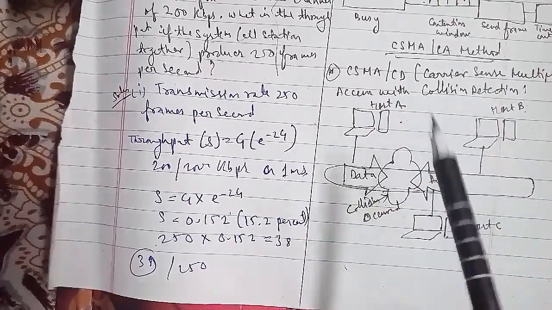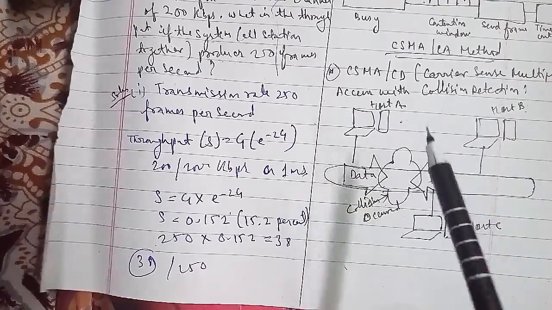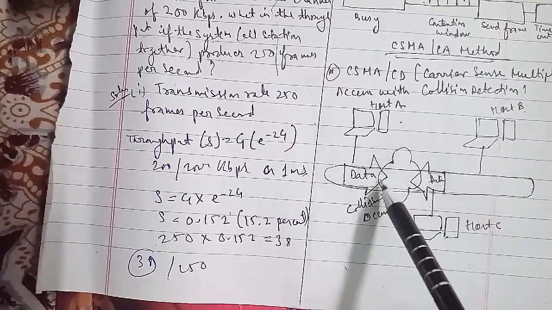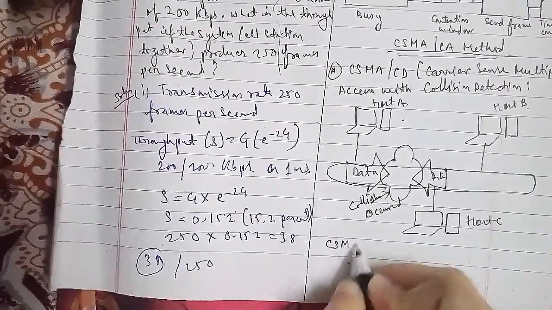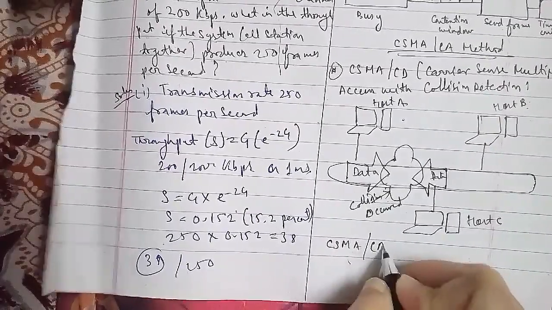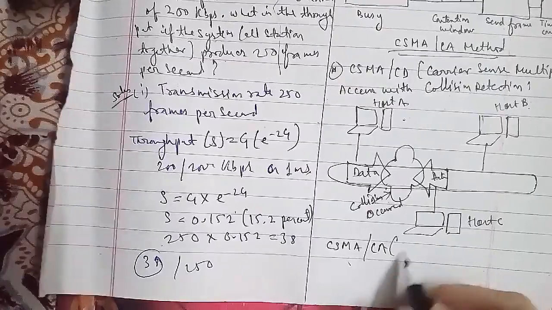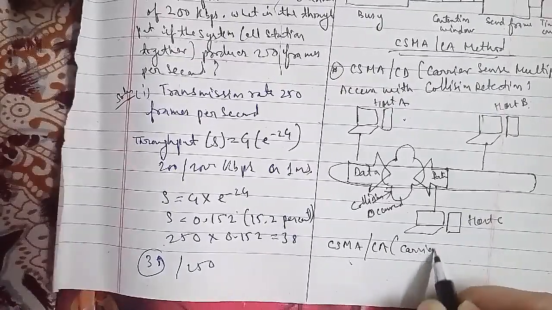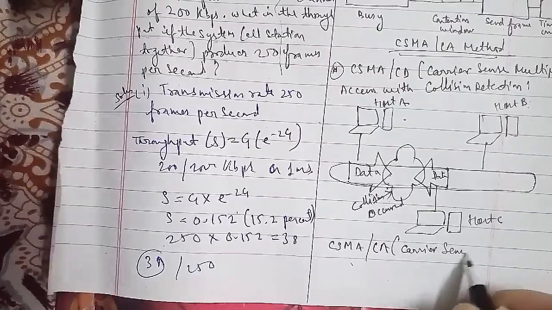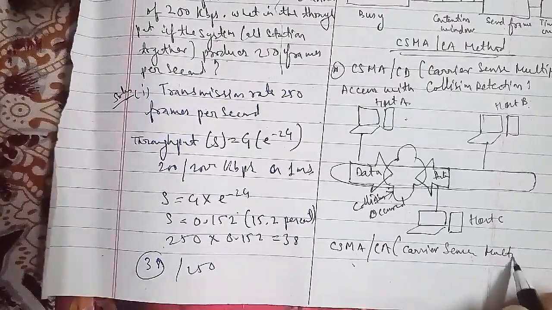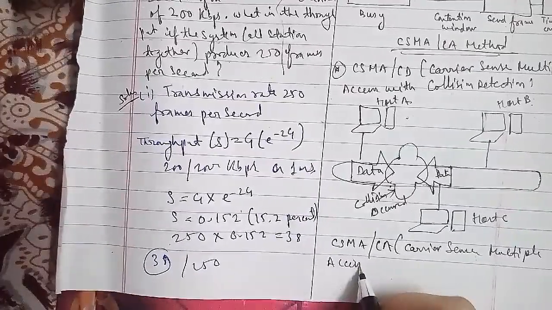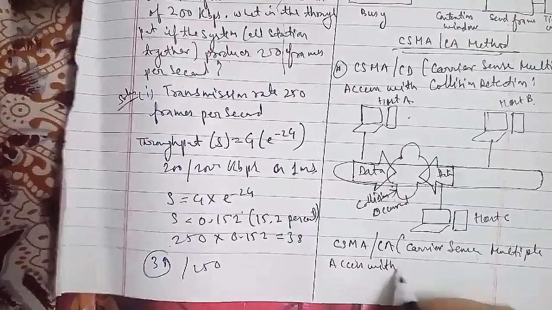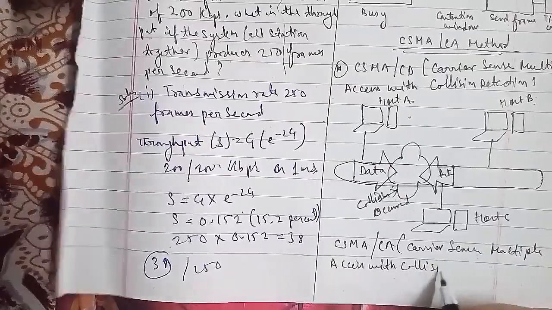So CSMA CD is multiple access with collision detection, and this is collision avoidance here. In regard to CSMA CA, a wireless network cannot use CSMA CD in the MAC sublayer, since this requires the ability to receive and transmit at the same time, and hence the use of CSMA CA here as well.